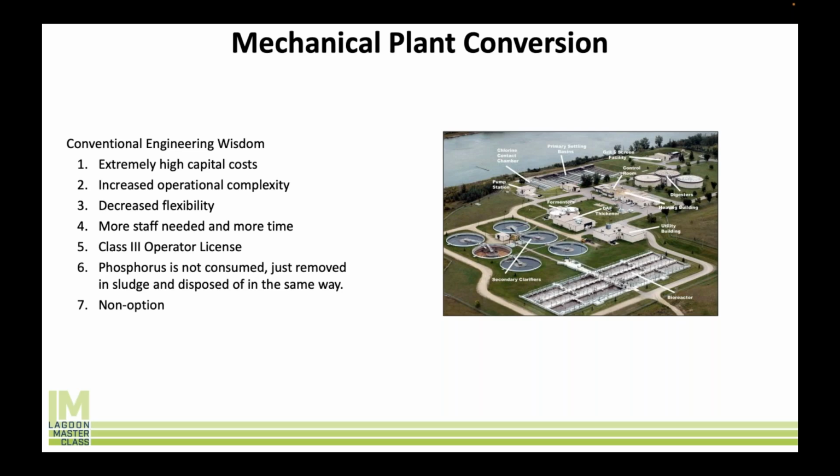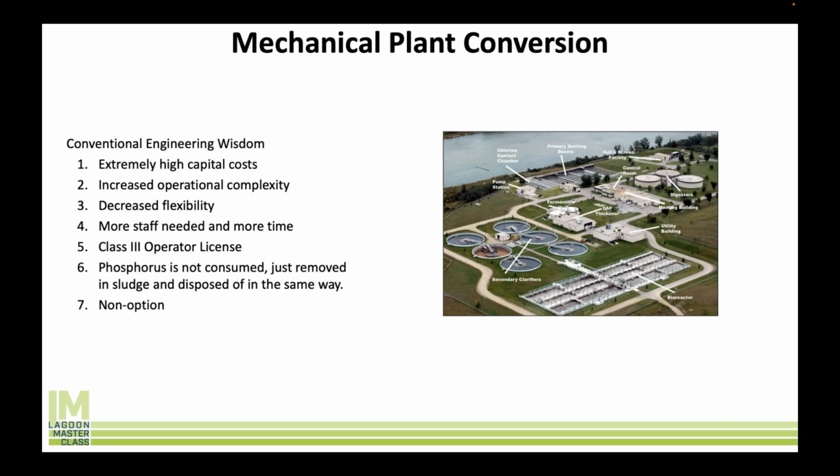So the downside of a mechanical plant is that you do get these high capital costs associated with it, sometimes 3 or 4 times the cost of upgrading a lagoon system. Certainly if you're comparing it to chemical precipitation in lagoons, it's probably like 100 times more expensive, because chemical precipitation, equipment-wise, is fairly low cost.